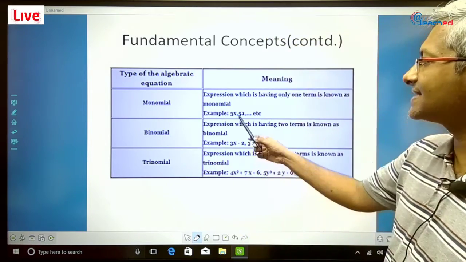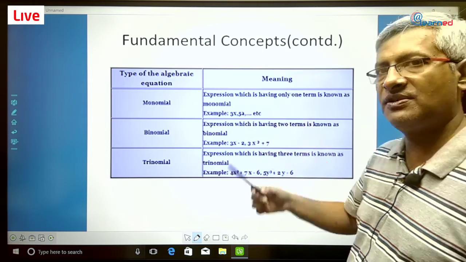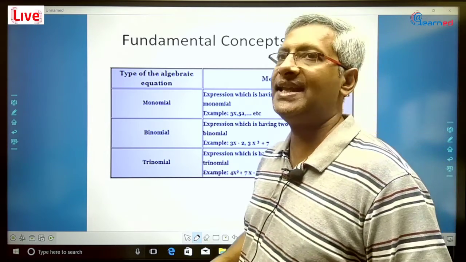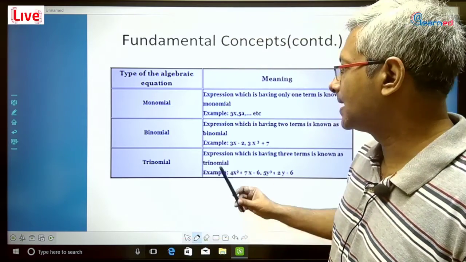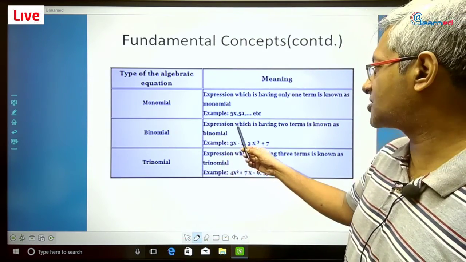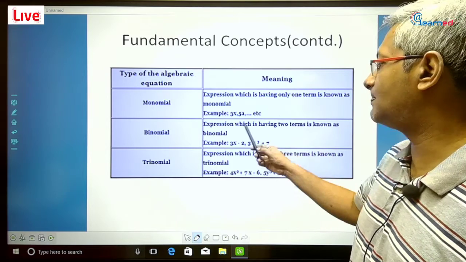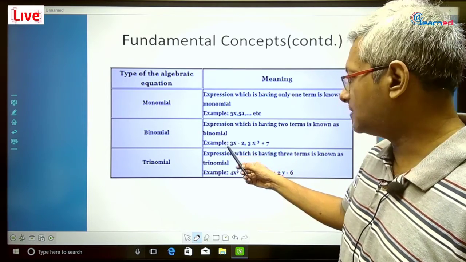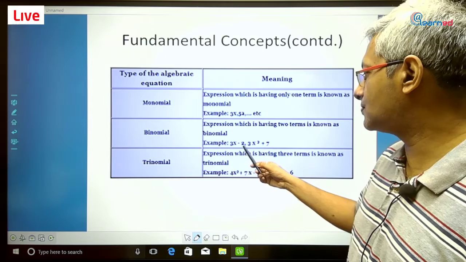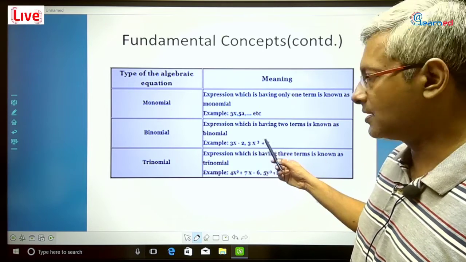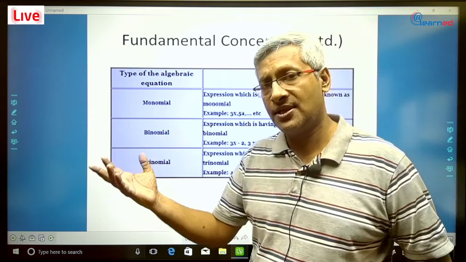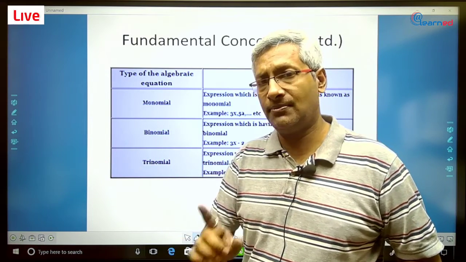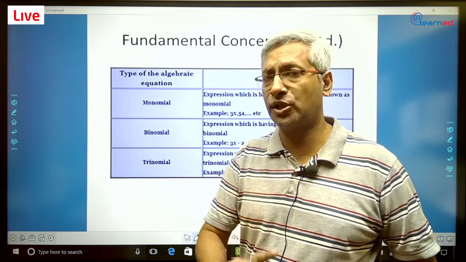So 3x, maybe 8c, these are all monomials, only one term. A binomial expression, known as binomial, can be 3x minus 2, 3x squared plus 7, or I can have an expression like 1 by x plus 7. So that is also a valid binomial, but not a valid polynomial.